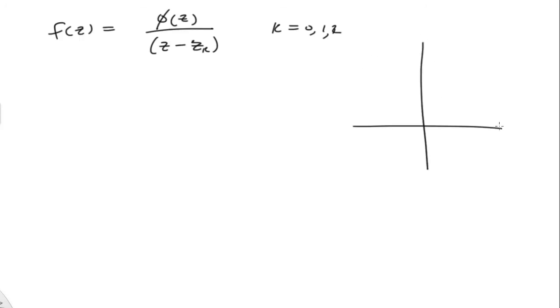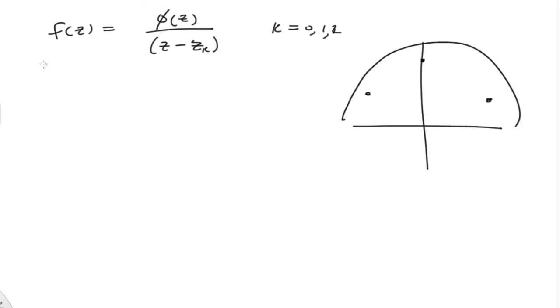So recall then, of course, that our function f of z, while it's a bit unwieldy, we can rewrite it in this form of phi of z over z minus zk. The k's we're looking for, of course, are 0, 1, and 2 to get those 3 roots. That one there, the one at i, and the one at 5 pi over 3.